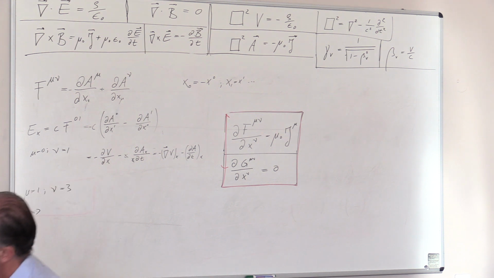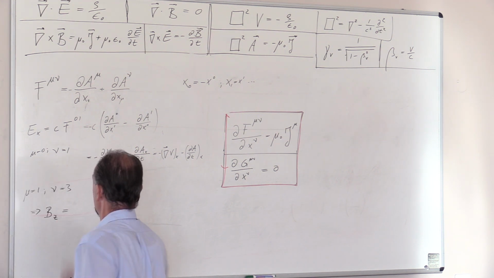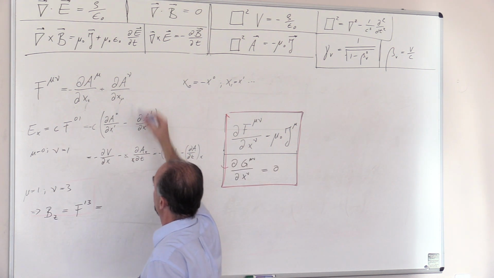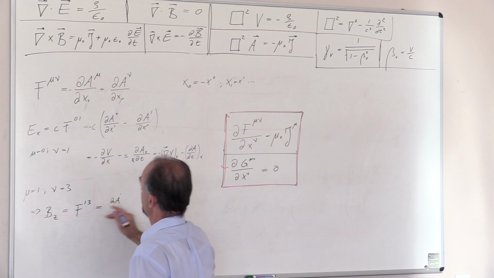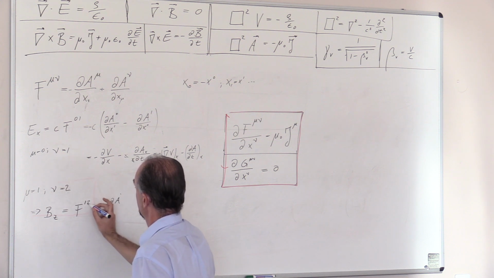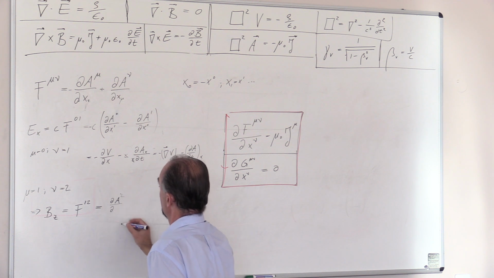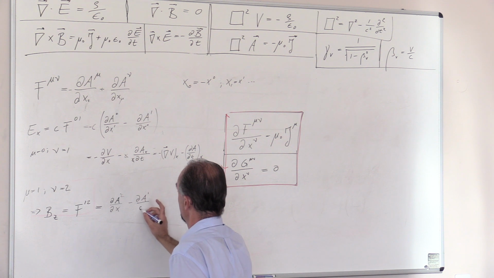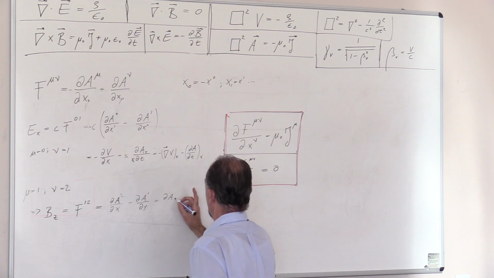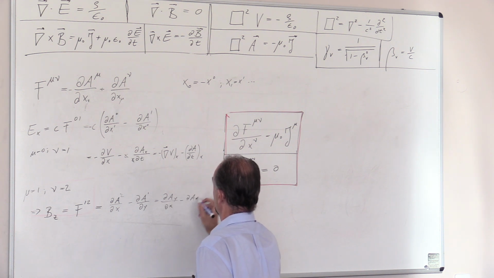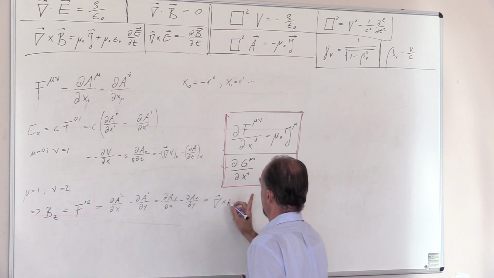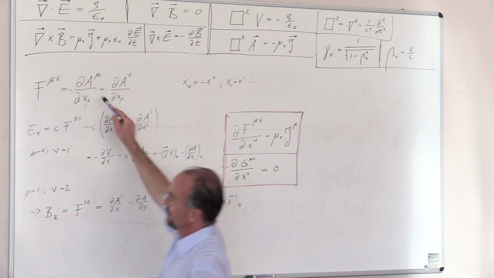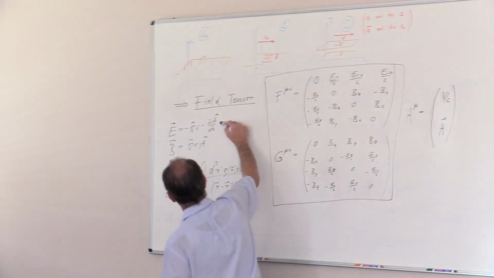Then we have Bz equals F13, which is dA3 over dx1 minus dA1 over dx3, so it's dAy over dx minus dAx over dy, which is the curl of A. Okay, so you see that this actually reproduces our connection between scalar and vector potentials.